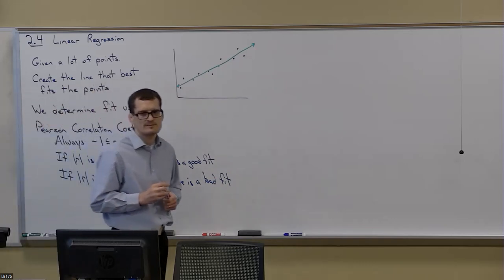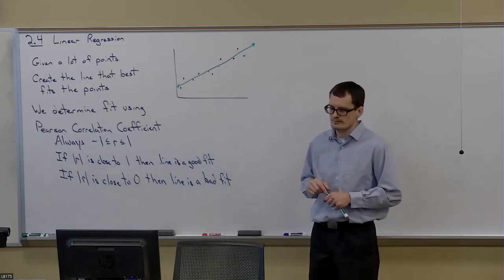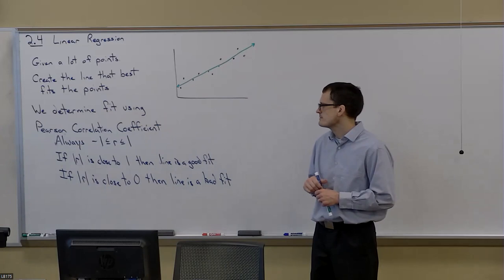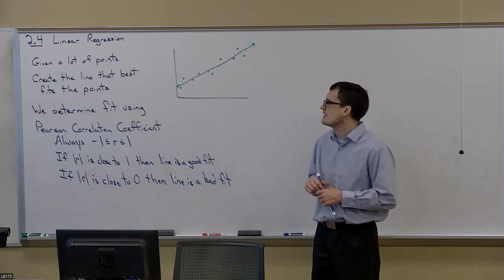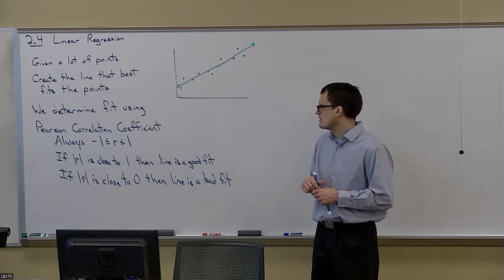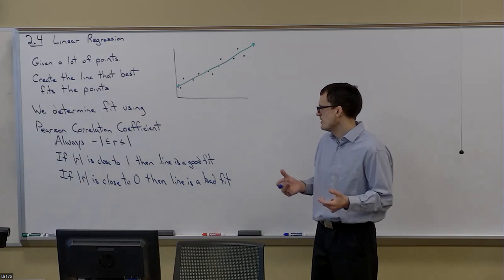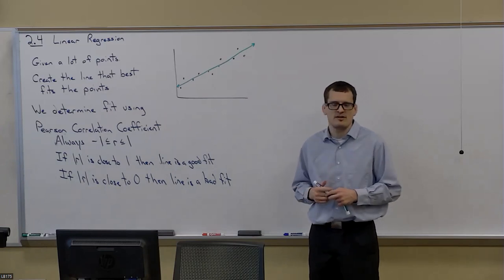Is that all right? So if R is close to 1, then the line is going to be a good fit. If R is close to 0, then the line is going to be a bad fit.